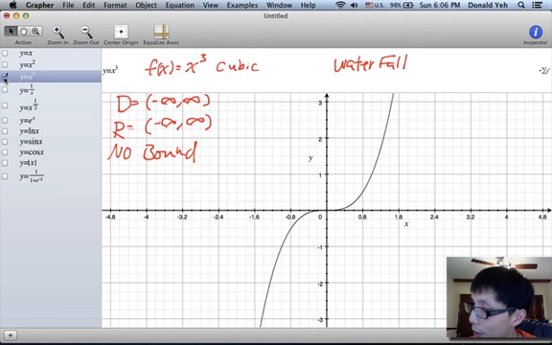By looking at it, if it has this diagonal line as the mirror image, then you're going to tell me it's an odd function.